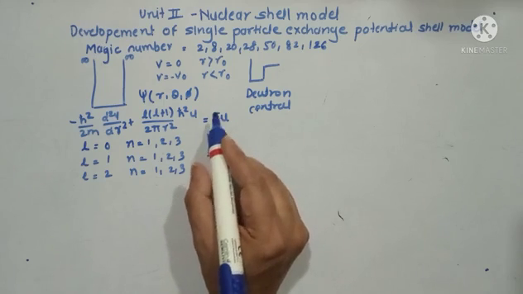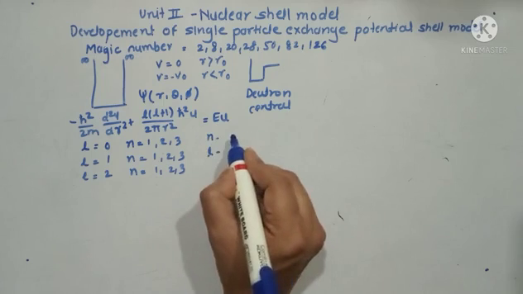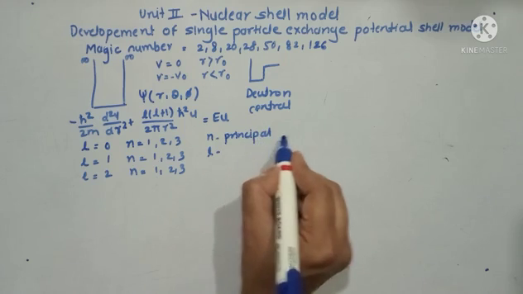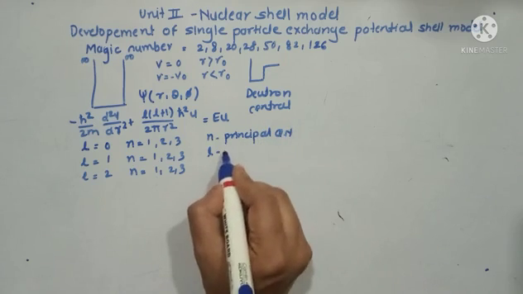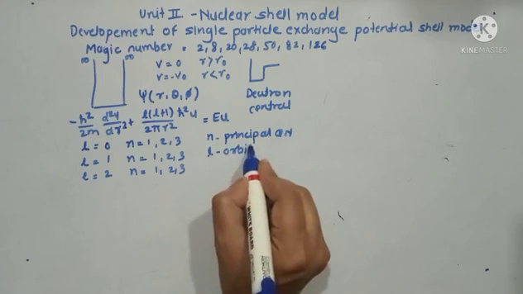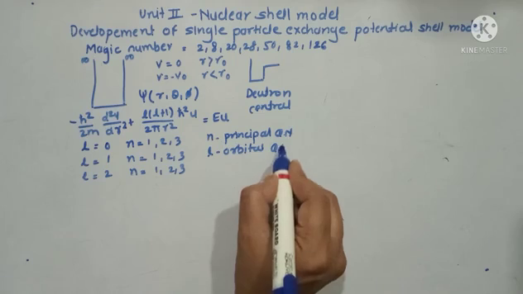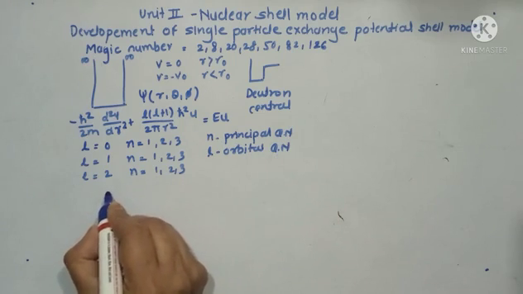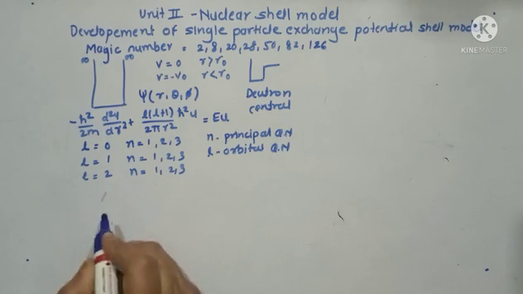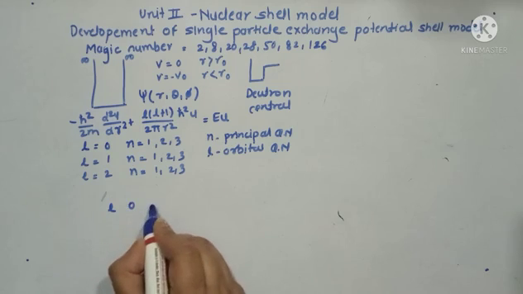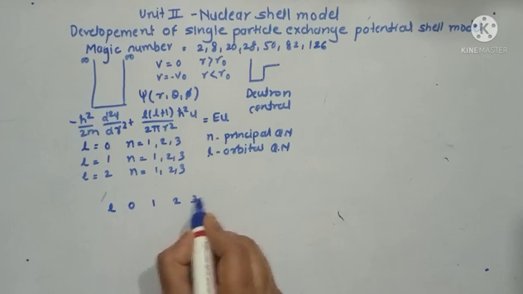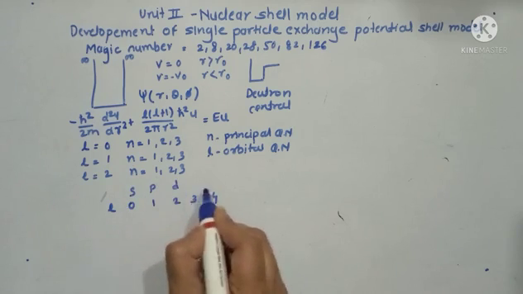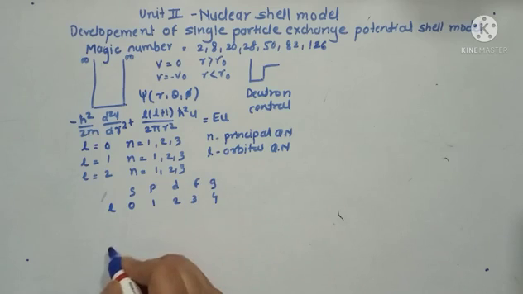So in nuclear and particle physics, n is the principal quantum number and l is the orbital quantum number, but the relation between them is like this. For the values of l equal to 0, 1, 2, 3, 4, these will be s, p, d, f and g.